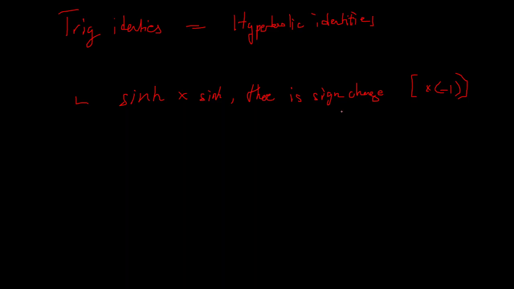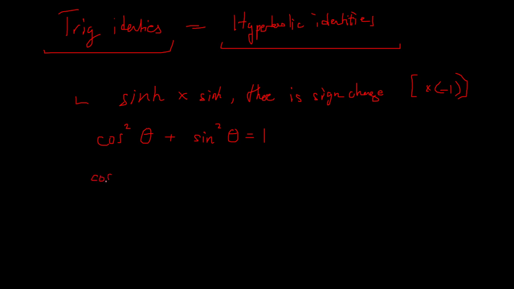Now what does this even mean, you may ask? Well, let's understand this from a different perspective. We know that cos squared theta plus sine squared theta equals 1. So if trig identities were equal to hyperbolic identities, we'd be getting cosh squared theta plus sinh squared theta equals 1, correct?